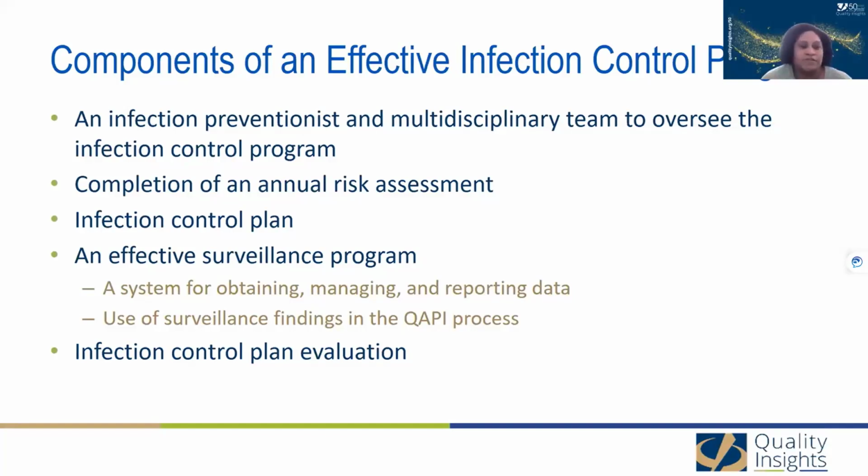During the year, we want to make sure that we have an effective surveillance program, including a system for obtaining, managing, and reporting data, and also the use of these surveillance findings in your QAPI process. At the end of the year, it's always best to take a look at how things went the previous year, and that'll help guide your annual risk assessment for the next year.